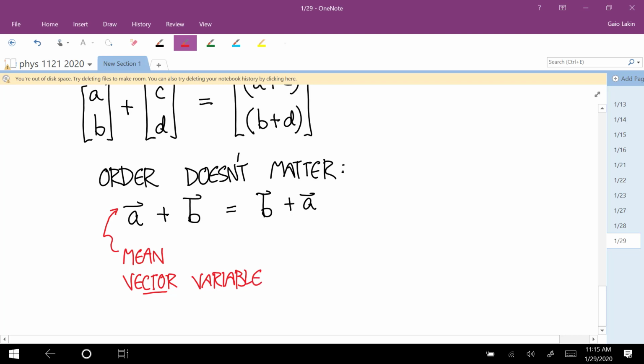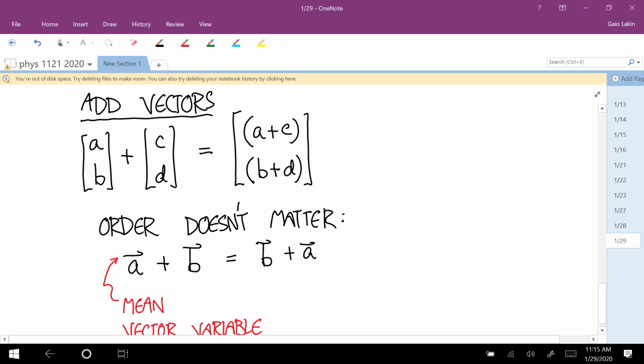So if there's an arrow over the top of a variable, that means that variable can be broken up into components. Okay. So that means that when you're talking about the components of these vectors, you don't use the vector symbol. Like here, A, B, C, and D are just numbers. And together, those components make up a vector.